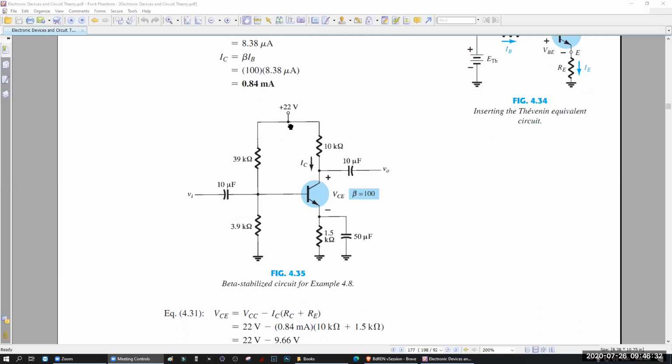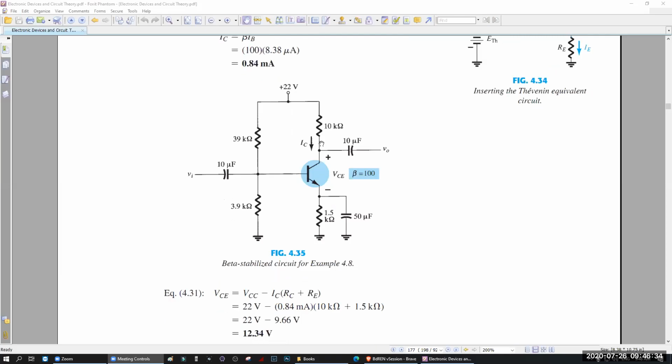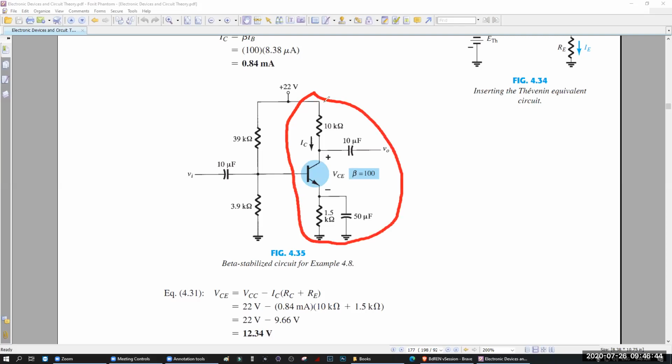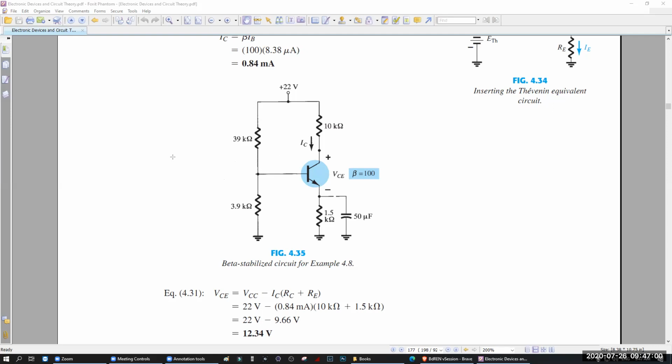So here, if a problem is given, we have to find out the solution, or we have to convert this thing into a smaller one. So do that. See, this part should be unchanged, right? Yes, sir. By the way, before doing anything, let's get rid of these capacitors, because these two are DC blocking capacitors, the input capacitance and the output capacitance.